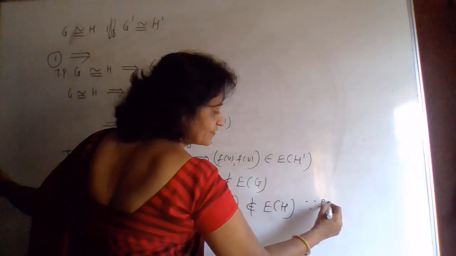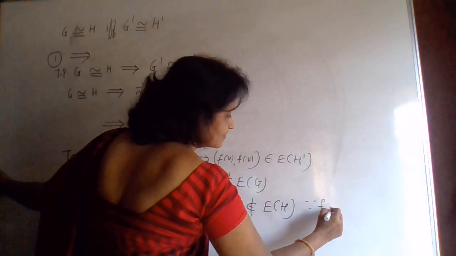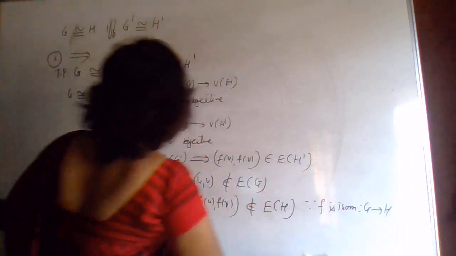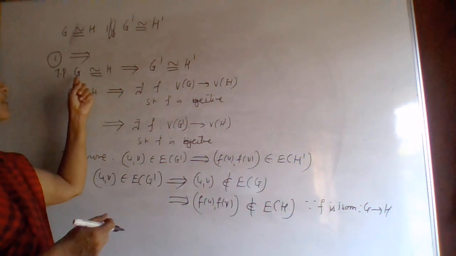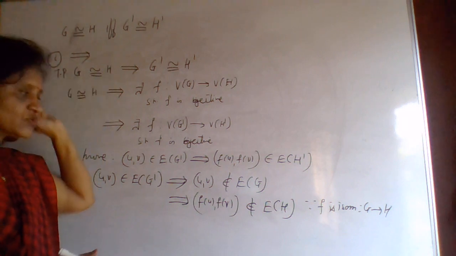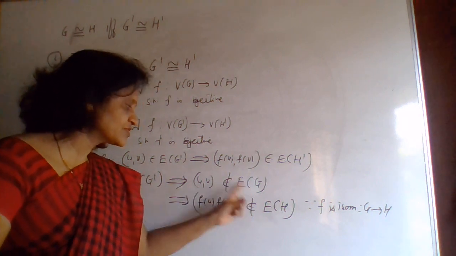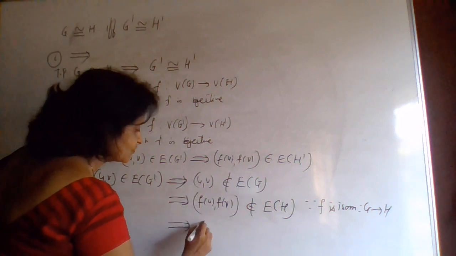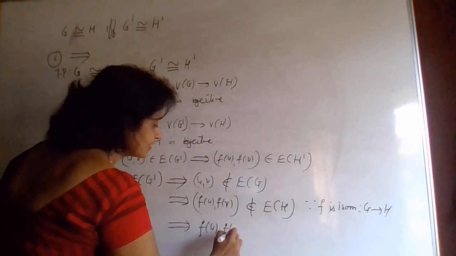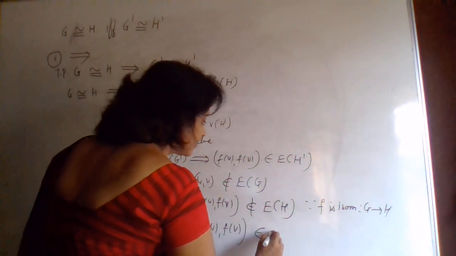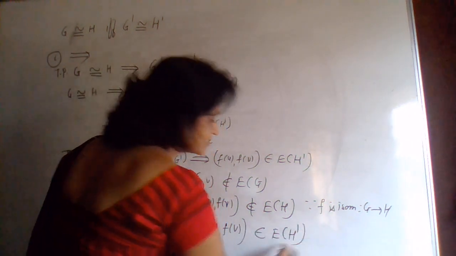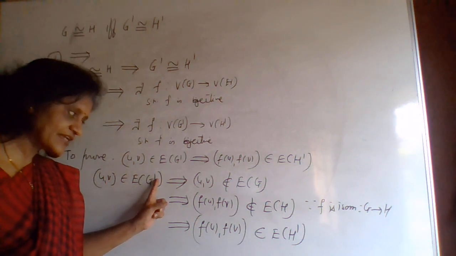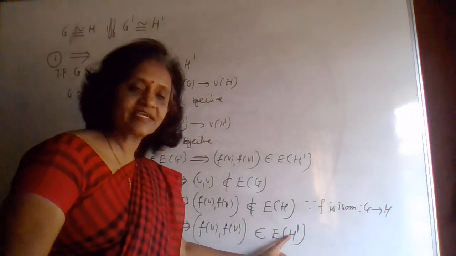Since F is an isomorphism from G to H. F is a function which is an isomorphism from G to H. So if UV doesn't belong to G, FUFV also doesn't belong to H, and FUFV not belonging to H gives me FUFV belongs to the edge set of H dash. So we have proved whenever UV is an edge of G dash, FUFV is an edge of H dash.